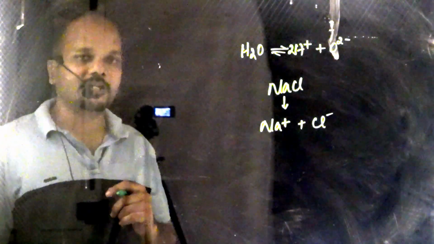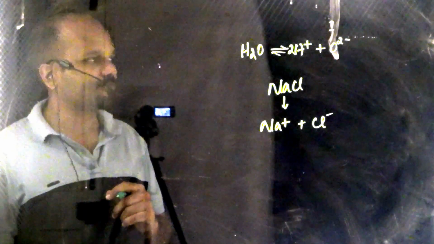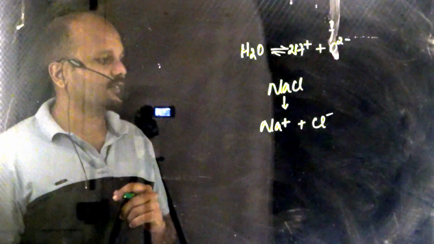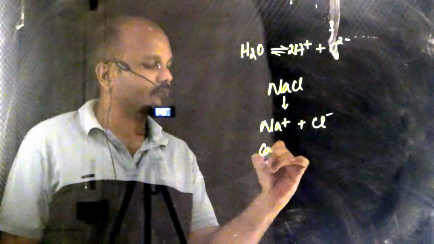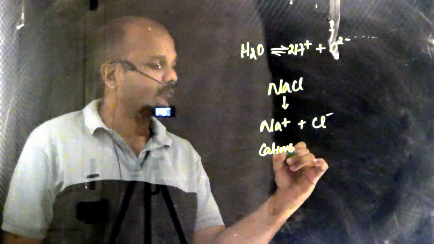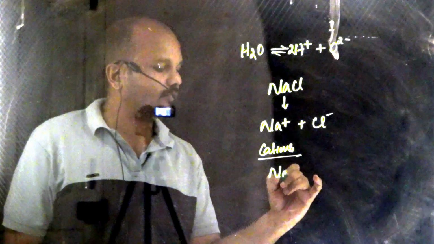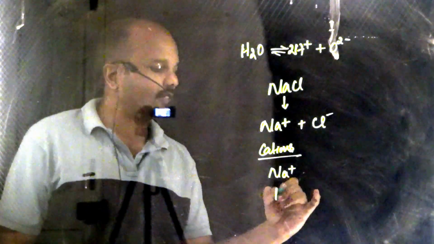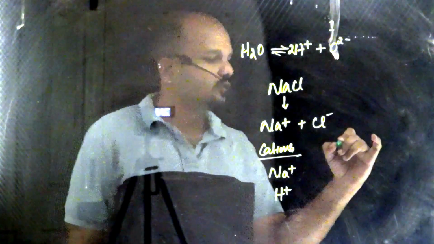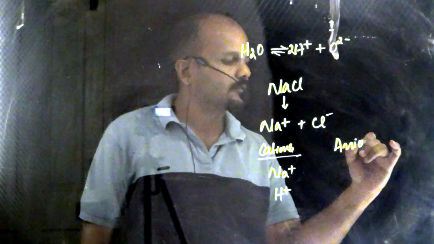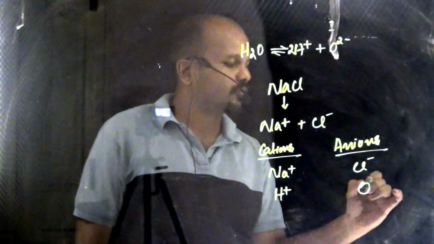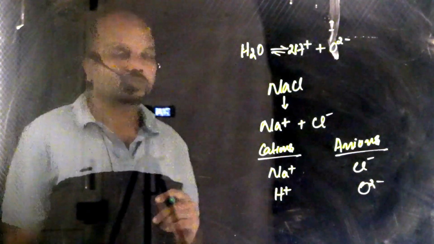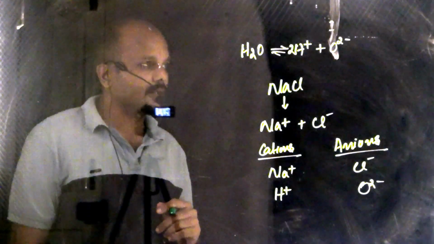What you can understand here is that there are two cations, Na+ and H+, and two anions, Cl- and O2-. These are the anions.